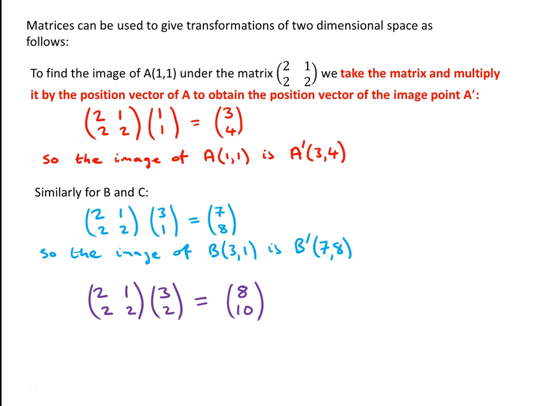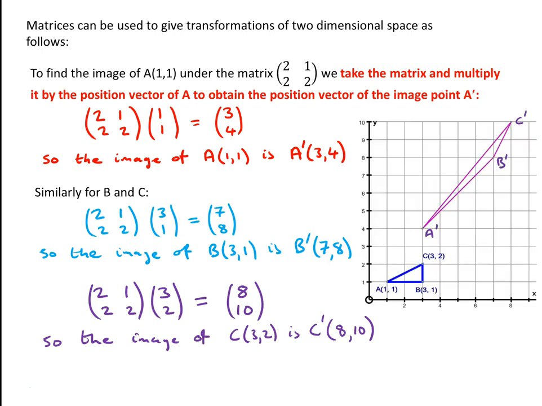So the image of C is the point C dash with coordinates 8, 10. Now we can show the original triangle and the image triangle in a diagram, and we can see that this matrix has quite an odd effect on the triangle ABC. It's stretched it and it's also rotated it a little bit.